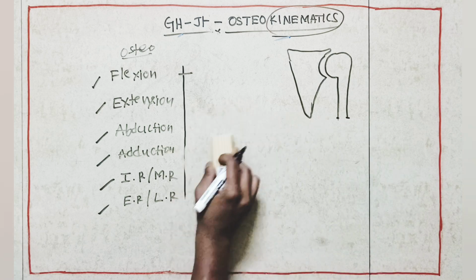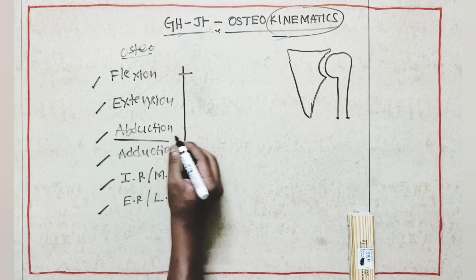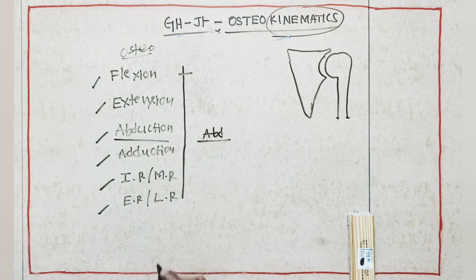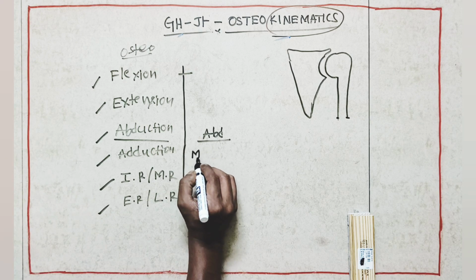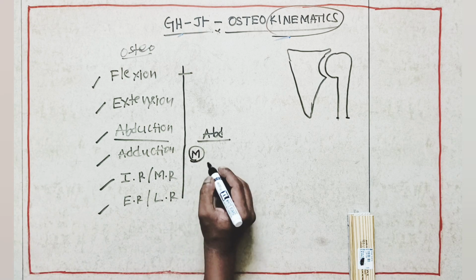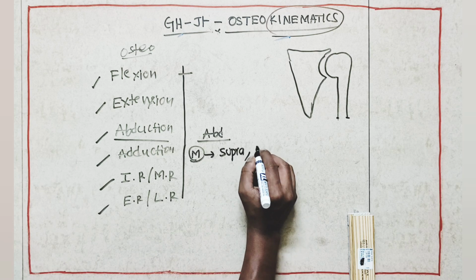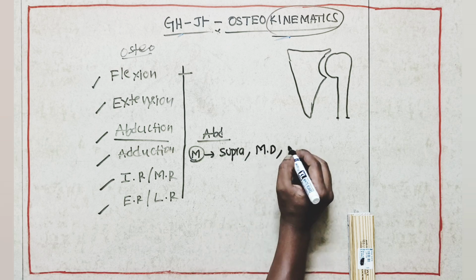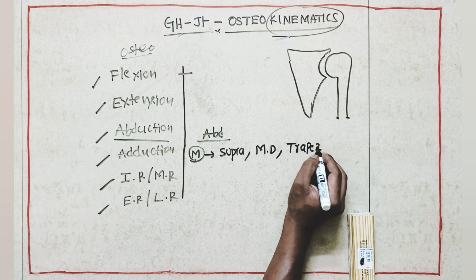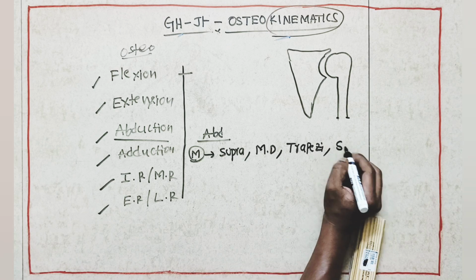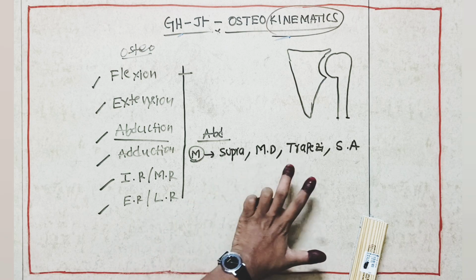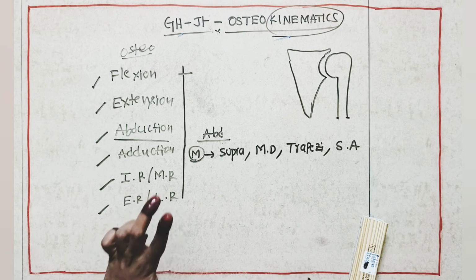Now we'll see abduction movement. What is the osteokinematics of abduction? First, muscles. Which muscles are responsible for abduction? First, the supraspinatus muscle. After that, middle deltoid. Then trapezius muscle. After that, serratus anterior muscle. These muscles are responsible for the abduction movement.